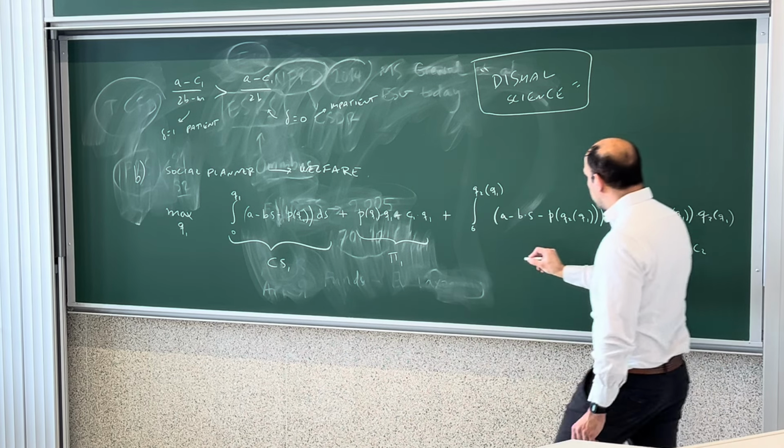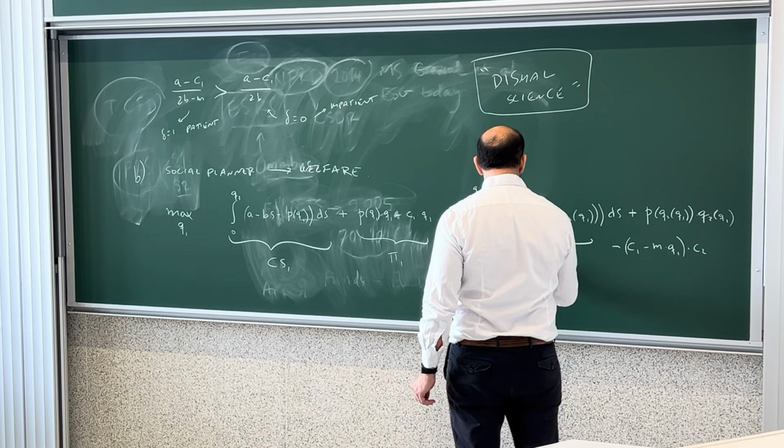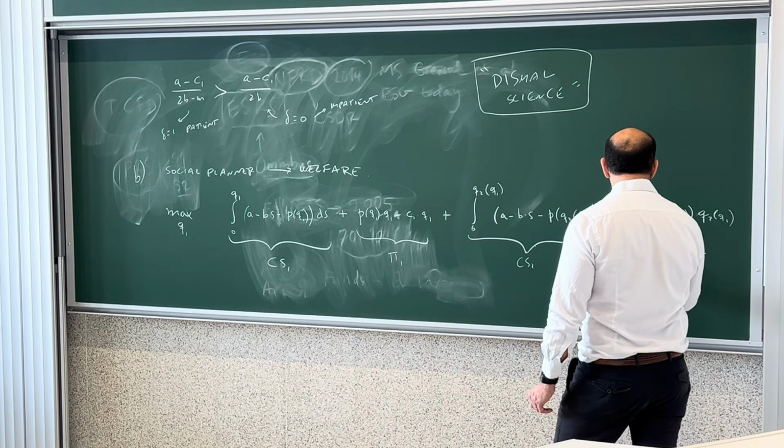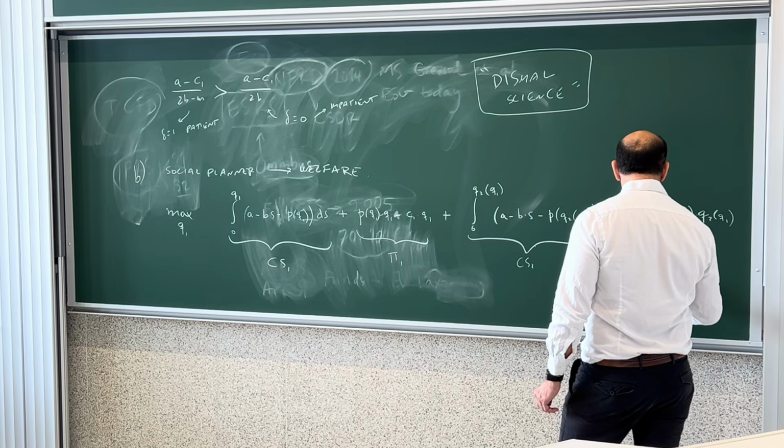So that's consumer surplus in period 2 and then profits in period 2.